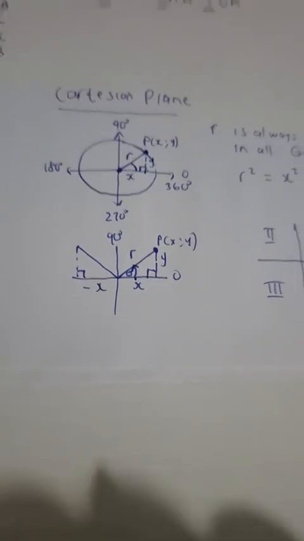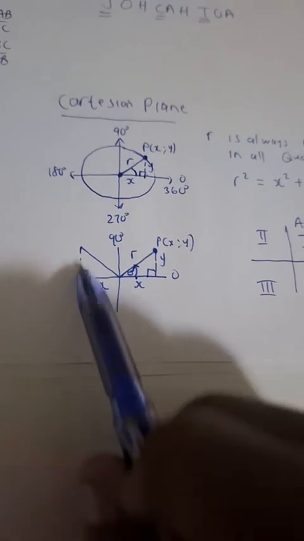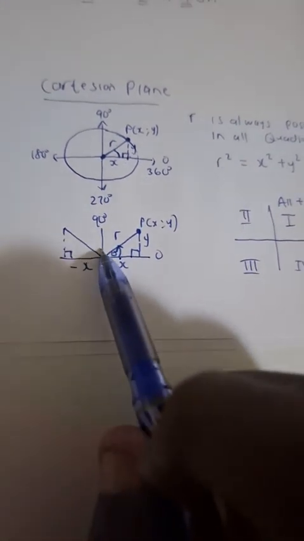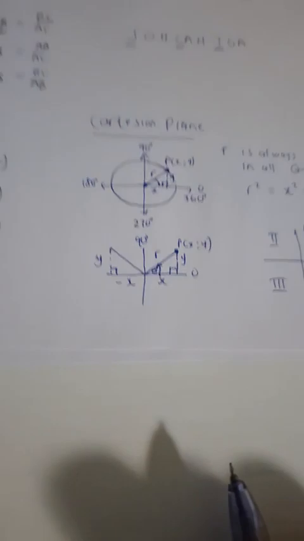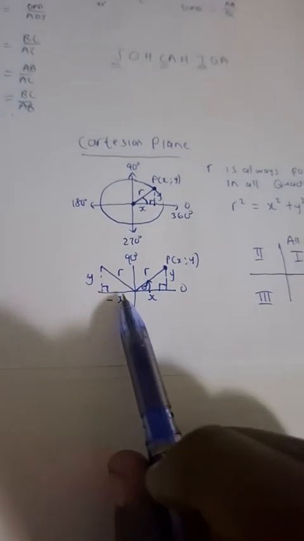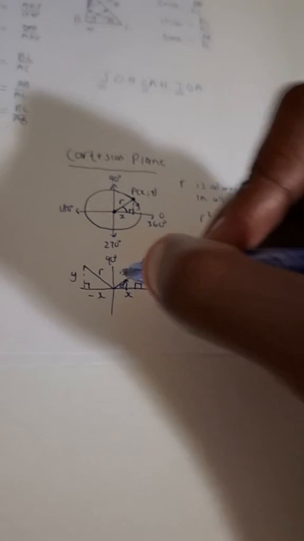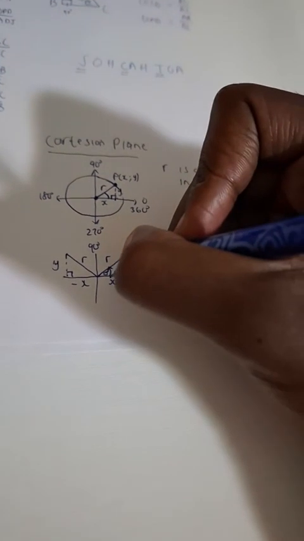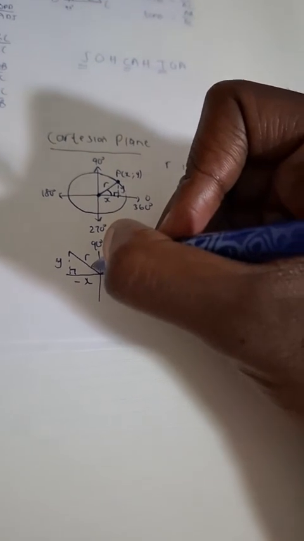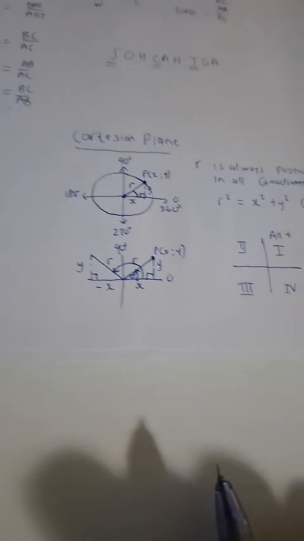Our y value, because y here at the top is positive, would also be positive. And then our r is always positive. So if we were to look at the same trigonometric ratios, remember the angle this time, we are moving all the way from here to there.